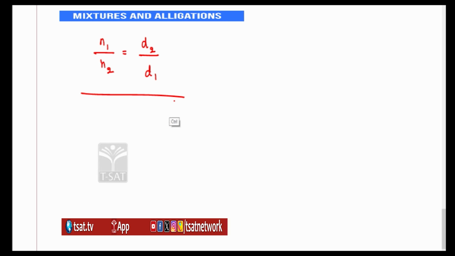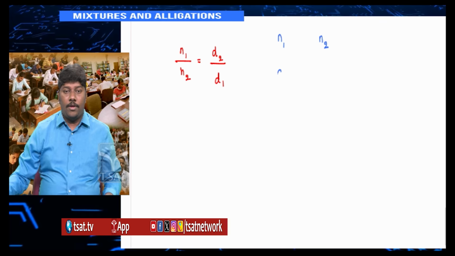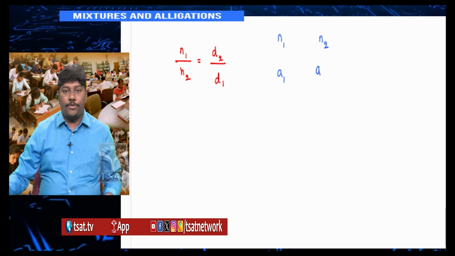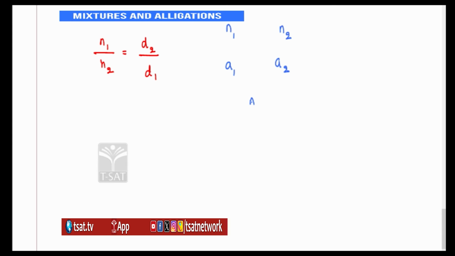Now we'll go for the formula directly of alligations. I write the number of members in group 1 and group 2, the average of group 1, average of group 2 and the combined average. What is the relation between them? First relation is N1 into the difference between these two and the difference between these two. See, capital A should always lie between your A1 and A2.